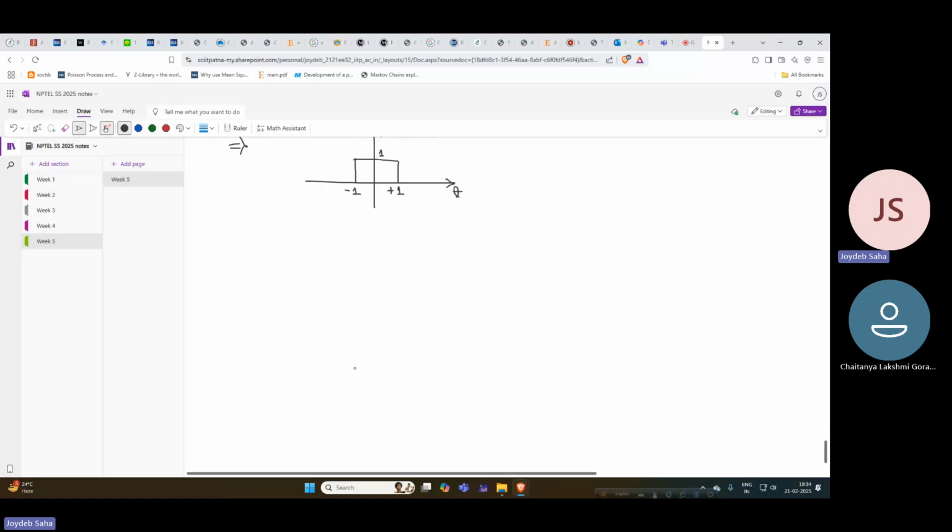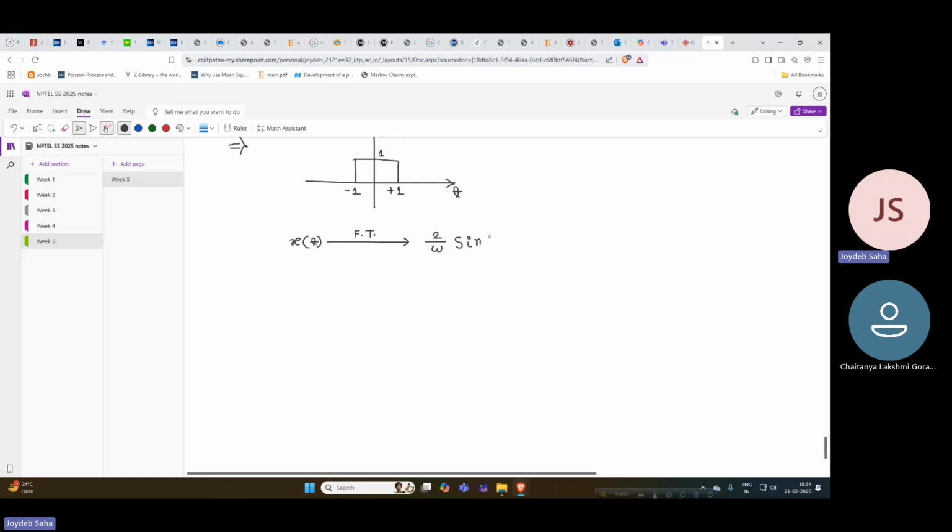So the Fourier transform of x(t) will be, we know already, 2 upon omega sine a omega.